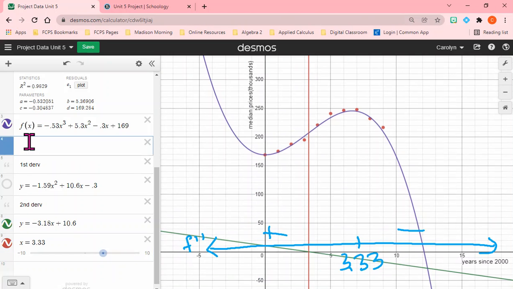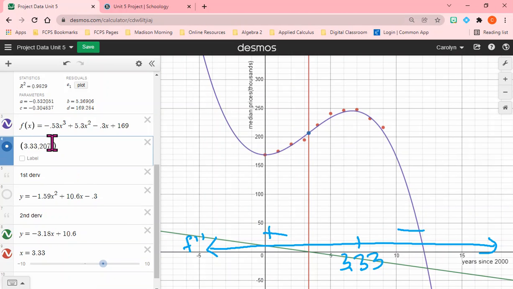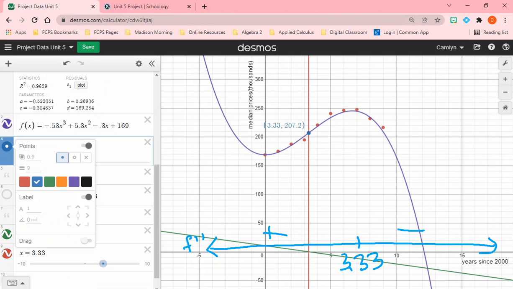I'm going to write the point here. 3.33, comma, 207.2. There's the point. Now I'm going to click on it. If you click and hold, it allows you to make it bigger so you can see it. There's the point.